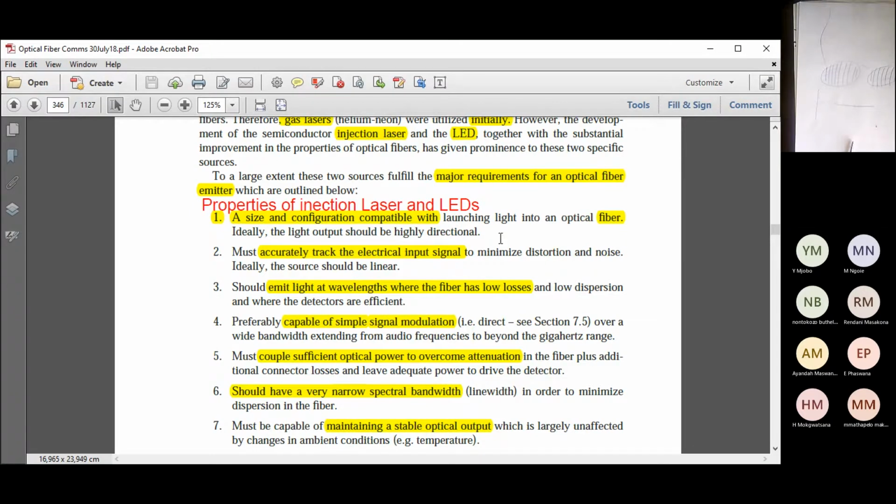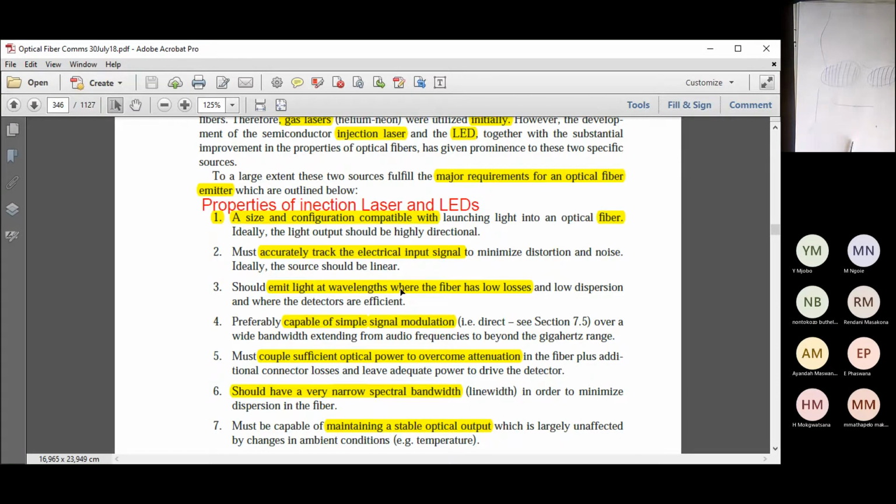Highly directional means not in the sense of polarization of Polaroid, but the light must come out in one spot or in one small angle. It must accurately track the electrical input signal. So if you want a sound wave to be mixed with the laser light, for instance, it must track that sound wave very accurately, so that you don't have distortion.